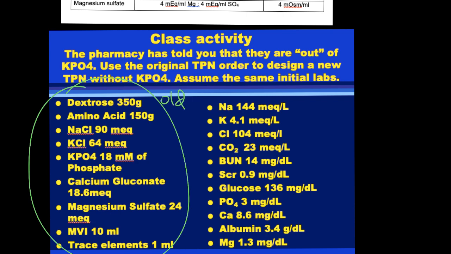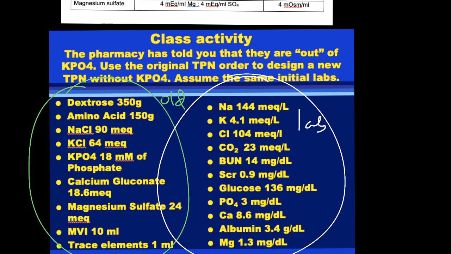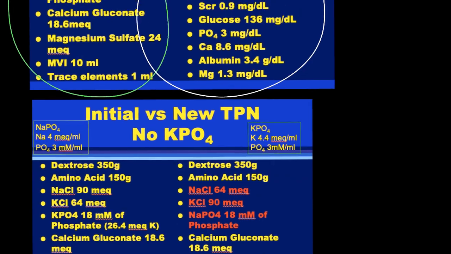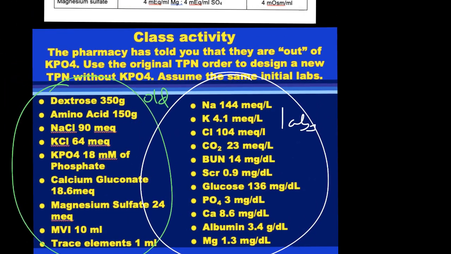Okay, these are the labs. So now we have to take out K-phos.